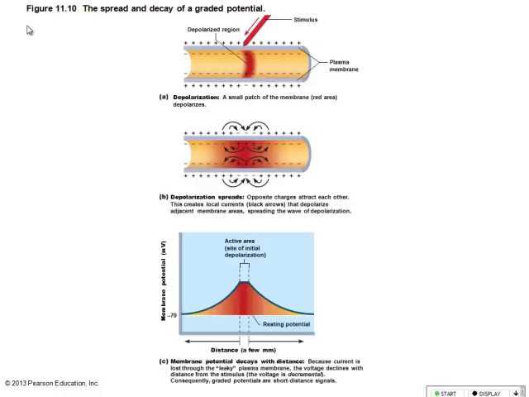In order for a neuron to fire off, we have to have that depolarization spread all the way down the axon. And when depolarization happens, an action potential will happen. And that is a spreading of electricity from the beginning to the end of a neuron.